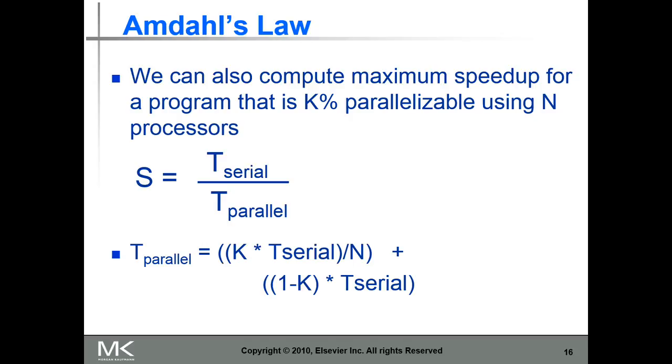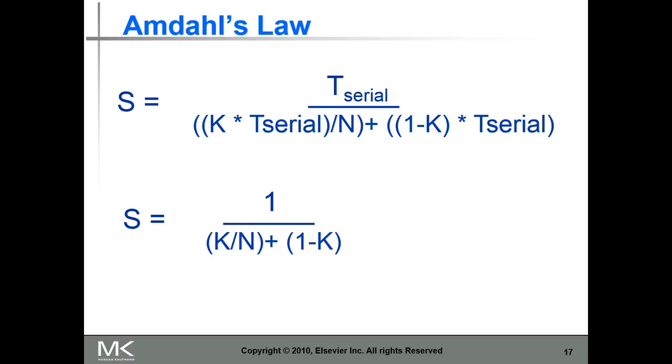If we want to compute the maximum speedup for a program that's K% parallelizable using a specific number of processors N, we can start with the formula for speedup. We know what T parallel is based on our proportion that's parallelizable and proportion that is inherently serial. So we'll plug the formula for T parallel into the speedup formula.